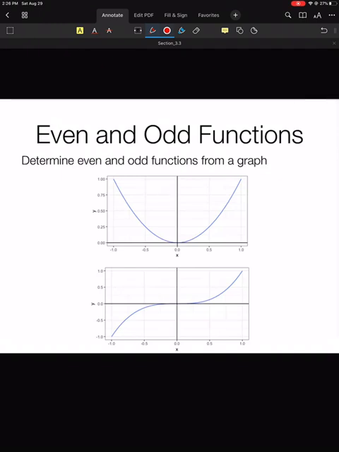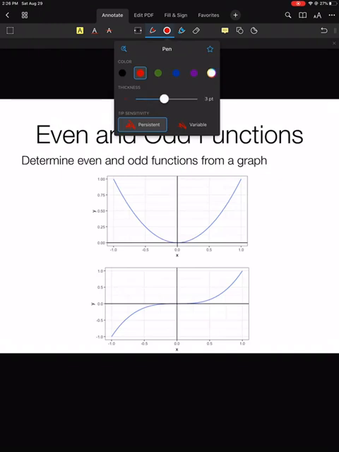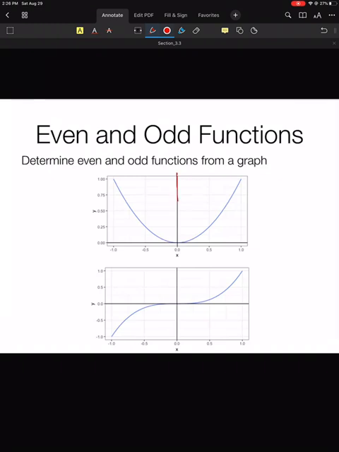What that means is if I draw a line here at the y-axis, that big red line, that is like my cutting point. So I cut it down the middle, and then if I take this left side and flip it like a book over on the other side, then there's only one line left over.